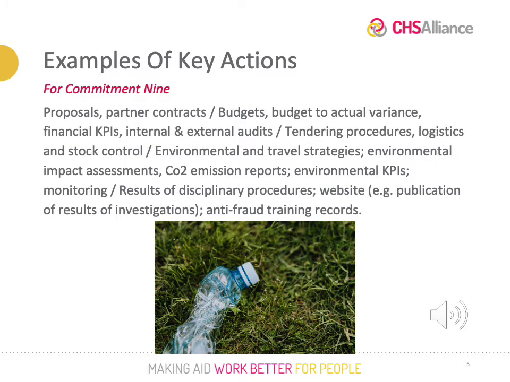The types of actions that demonstrate whether your staff are meeting the key action indicators of Commitment 9 include project proposals and plans, including with partners, contracts with partners, budgets, financial frameworks, budget to actual variance analysis, financial KPIs, internal and external audit reports and management letters, tendering procedures and reports, procurement, logistics and stock control, program and environmental strategies, travel strategies, environmental impact assessments, CO2 emission reports, environmental KPIs, monitoring reports, results of disciplinary procedures, website, for example, publication of results of investigations, anti-fraud training records.